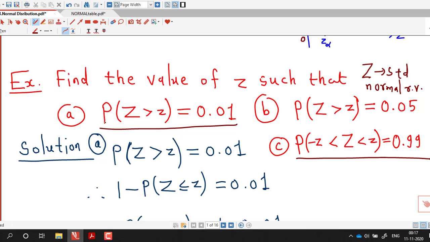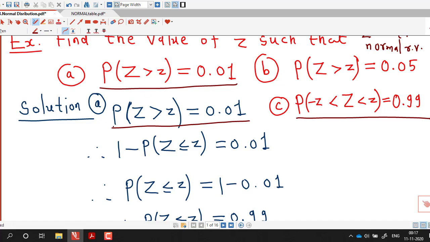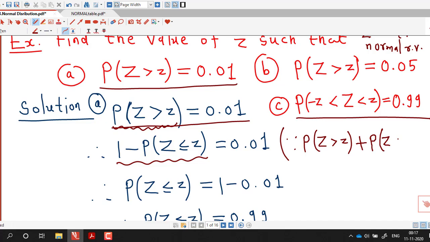So we will find out one by one. First we try to find out the value of z for part A. So it is given that probability that Z is greater than z is 0.01. Now this probability can be written as 1 minus probability that capital Z is less than or equal to z, because we know that the sum of the probability that Z is greater than z and the probability that Z is less than or equal to z is always 1.